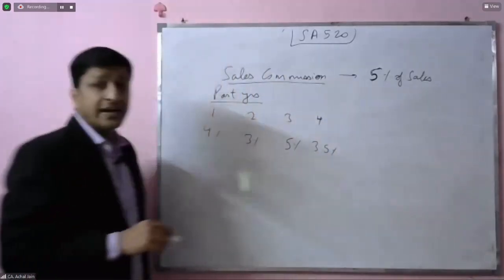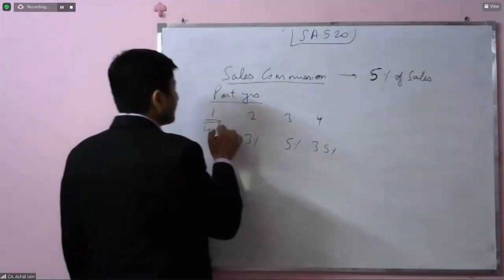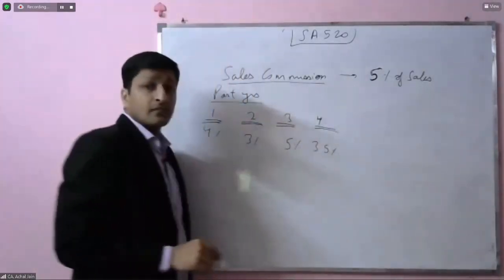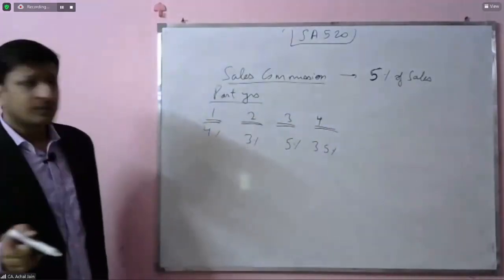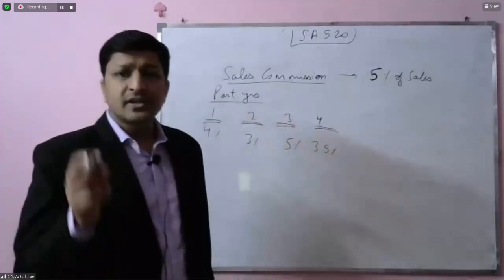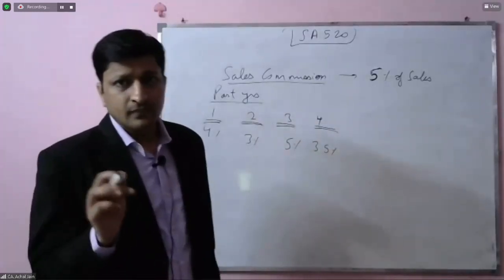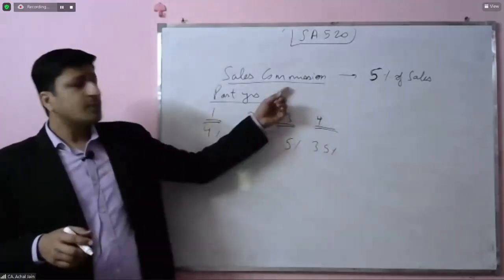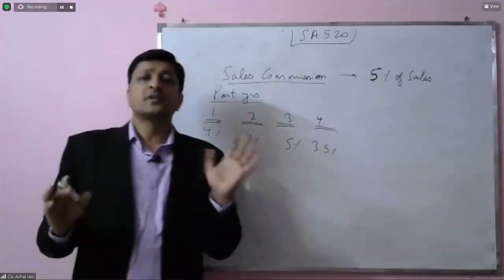So this has been the trend of sales commission. As per the contract, it has always been 5% of sales. Yeah, as per the contract, sales commission is always 5% of sales.